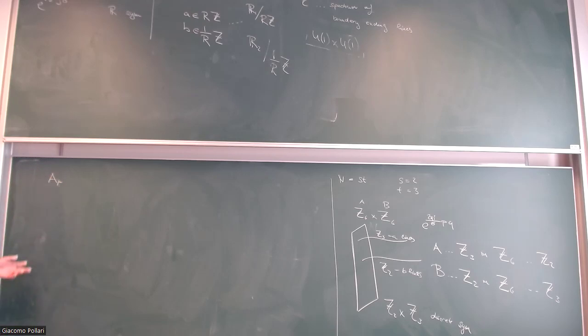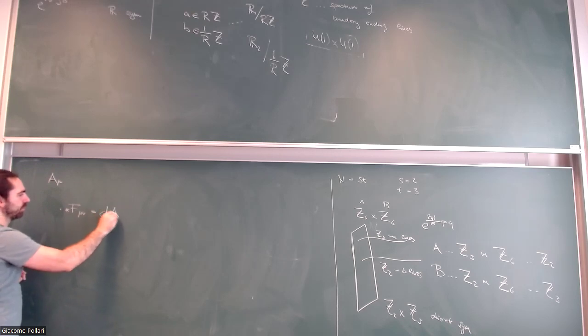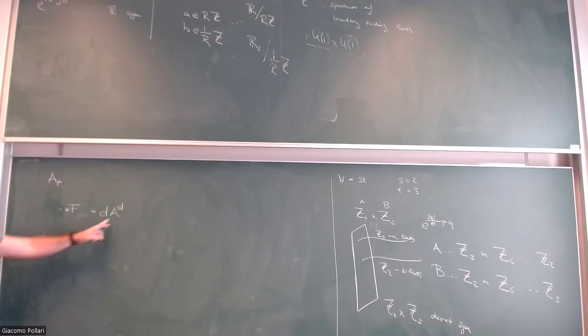My basic degrees of freedom in Maxwell are the A fields, but I can do this duality transformation where I take the star of F and find the dual of this, and that will be the dual description of Maxwell.